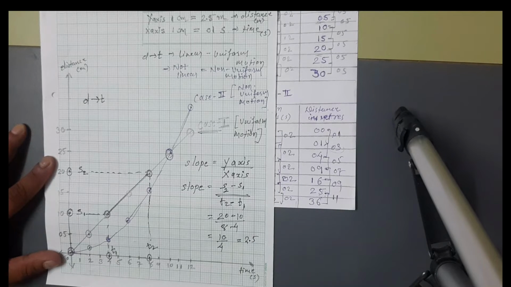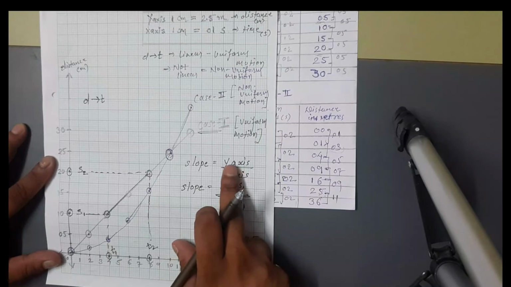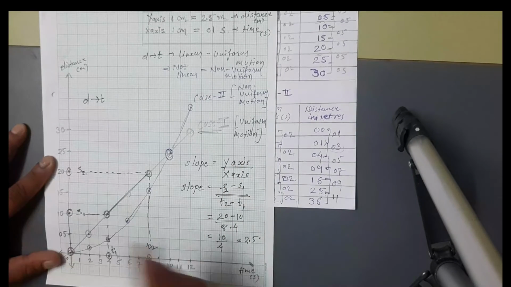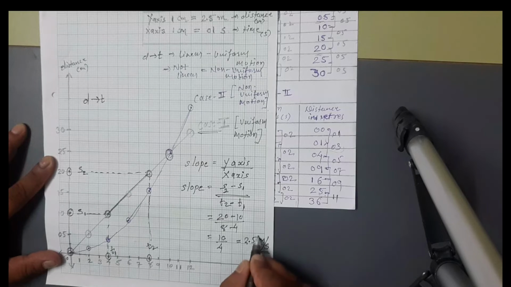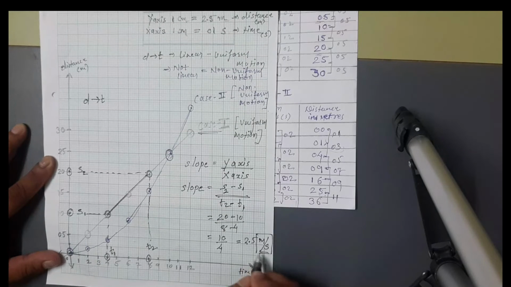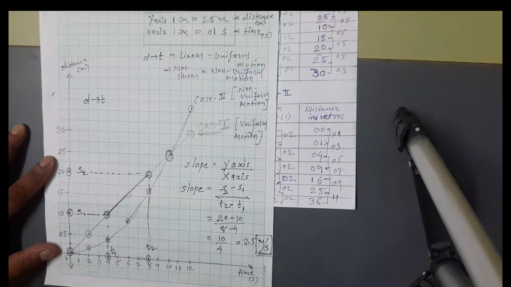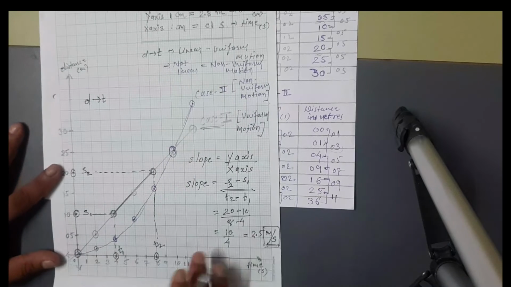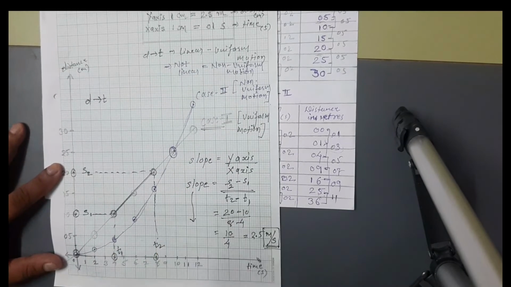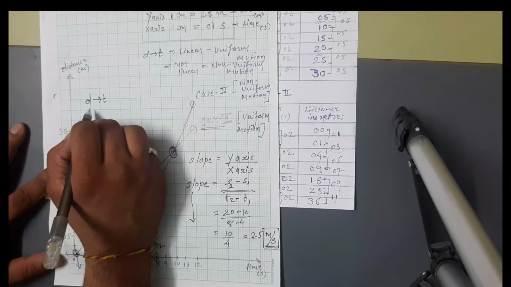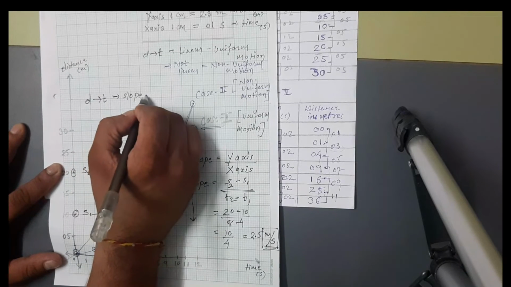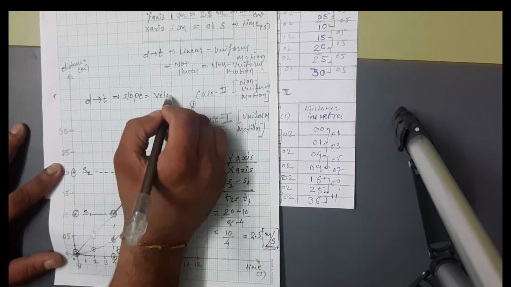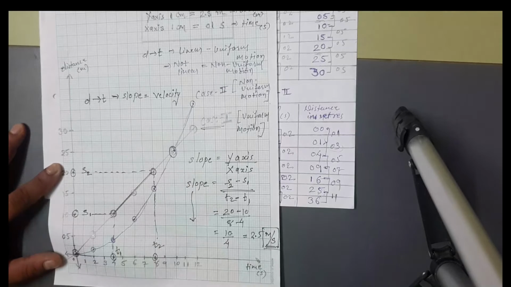Now what will be the unit? As the unit of y-axis is meter and x-axis is second. Now see, of what quantity this unit is? It is of speed. So always in a graph of distance against time, the value of slope will give us velocity.